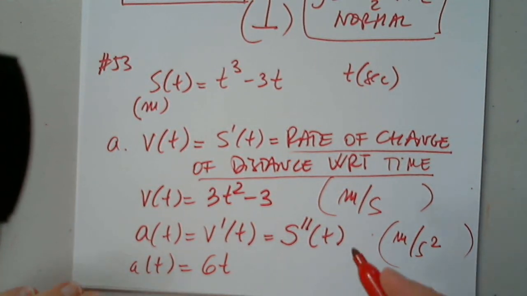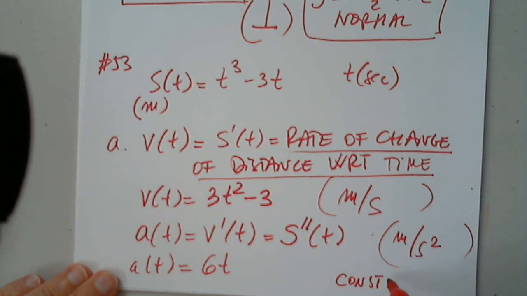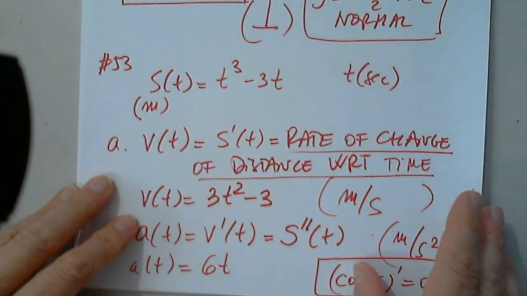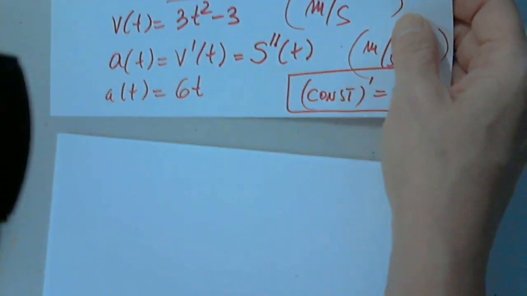The derivative of a constant is 0. Please remember that. It doesn't change. There is no rate of change for a constant. Poor constant. Good, so let's see what else they want. Find the acceleration after 2 seconds. Fine. Can anyone give us the acceleration after 2 seconds?